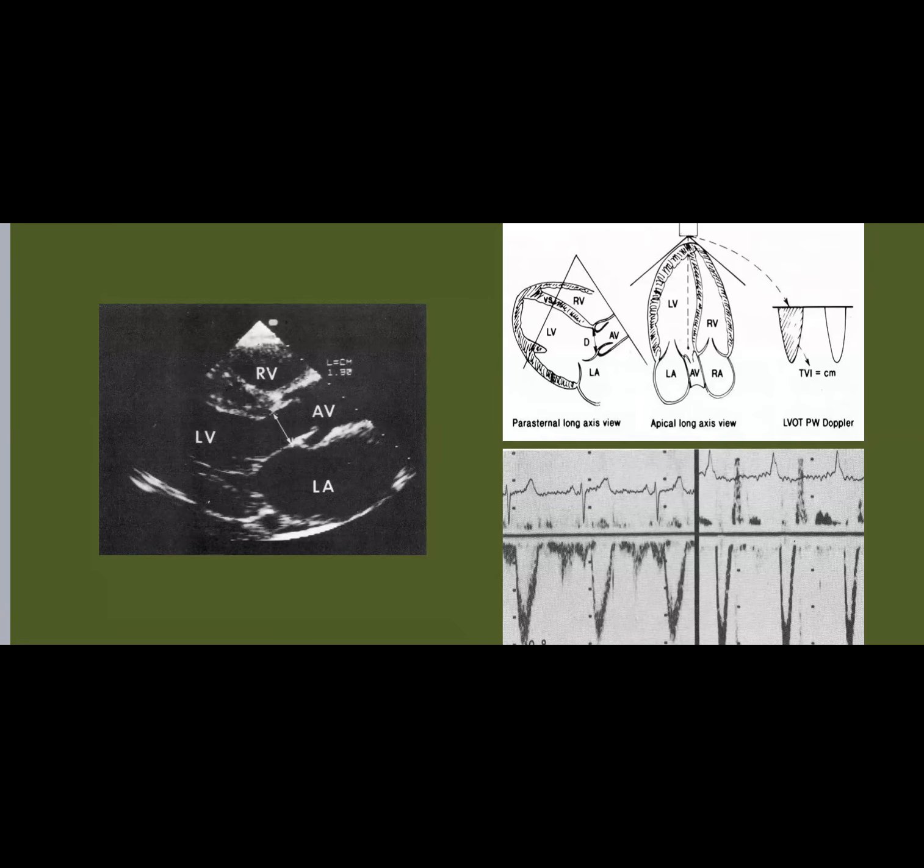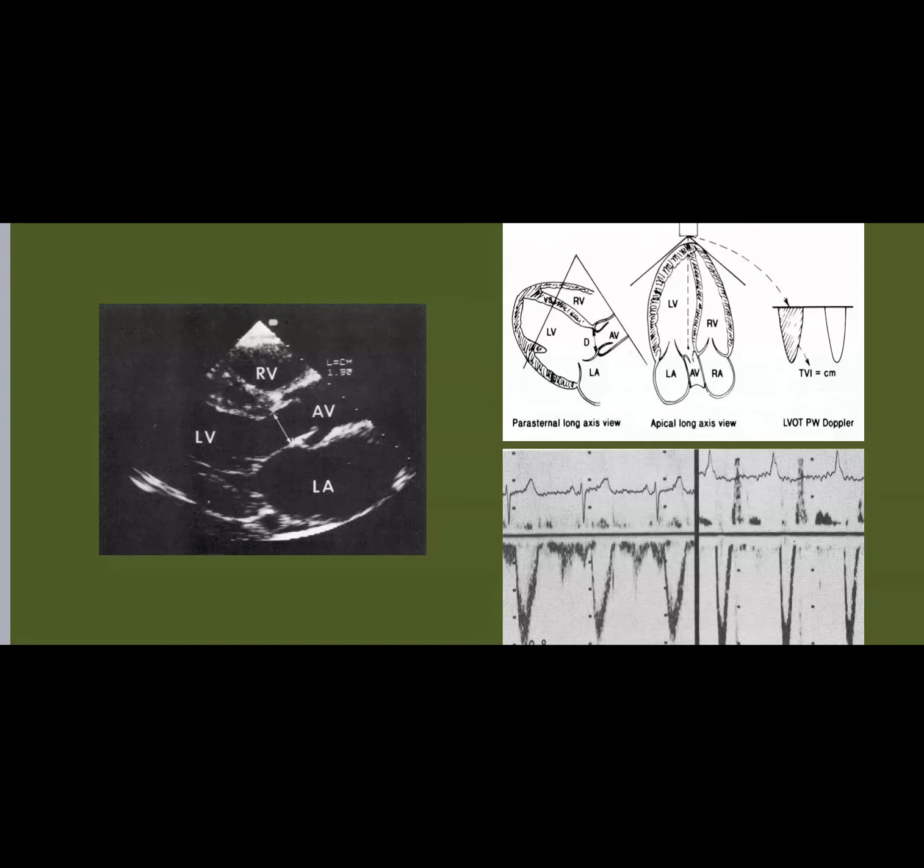Yes. It is 0.785 times D squared times TVI. Okay, thank you so much. So it is 0.785 times the TVI times the diameter squared. You get the stroke volume.